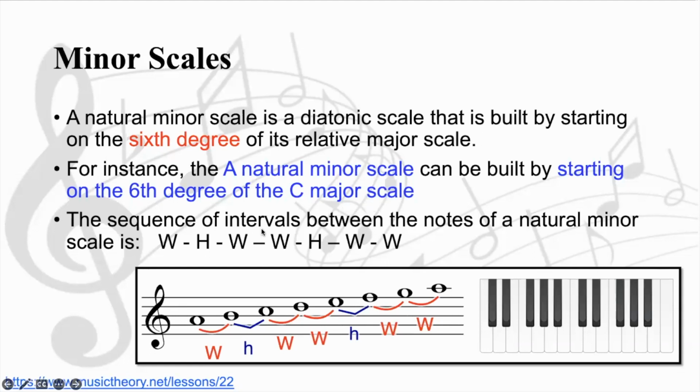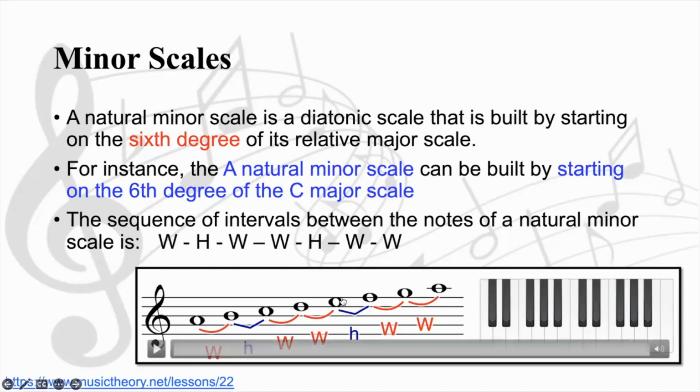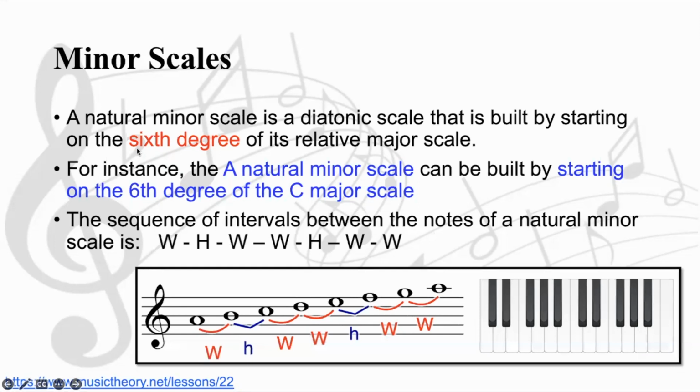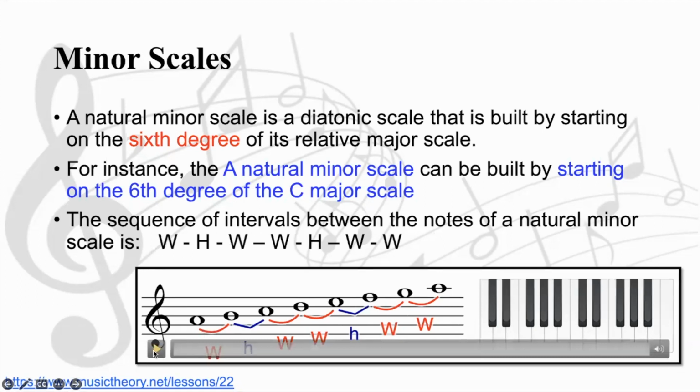The sequence of the intervals between the notes of the natural minor scale is whole, half, whole, whole, half, whole. We don't need to remember this because we just need to remember the 6th degree. Okay. And yes, we can see this video.